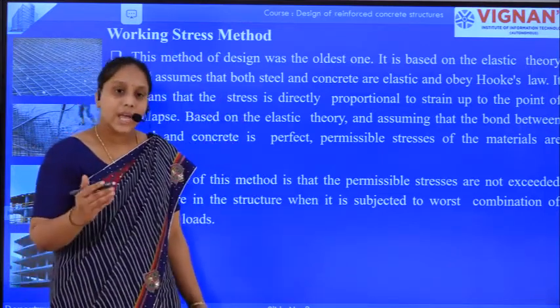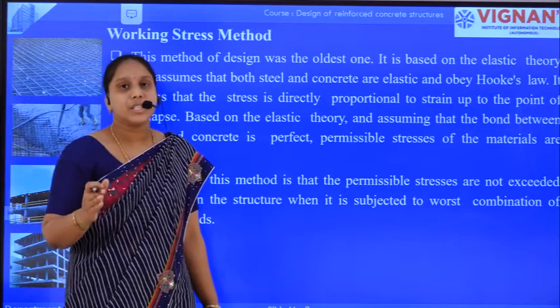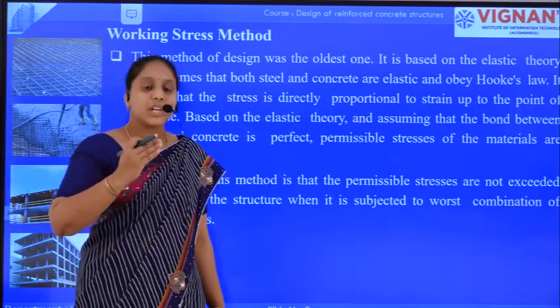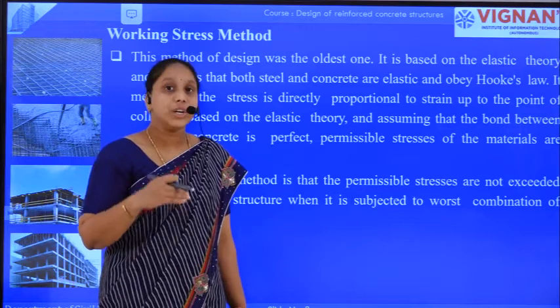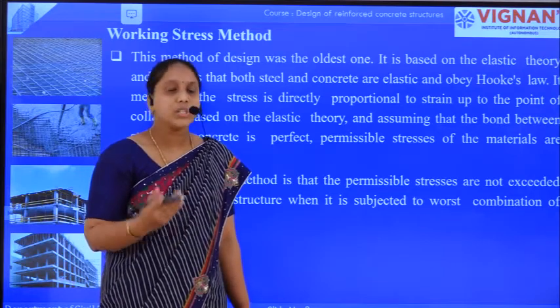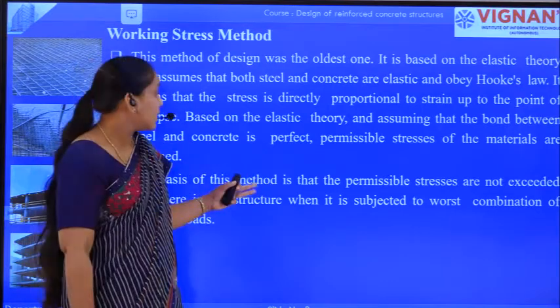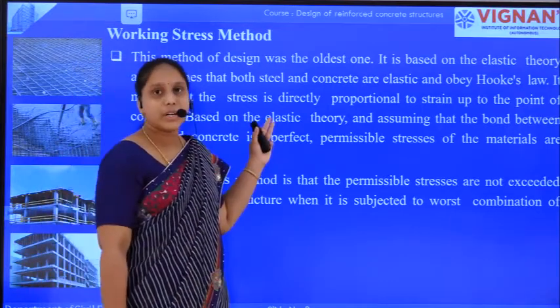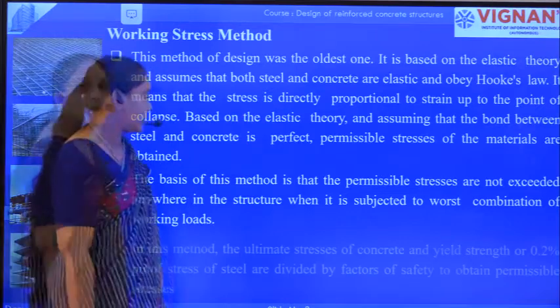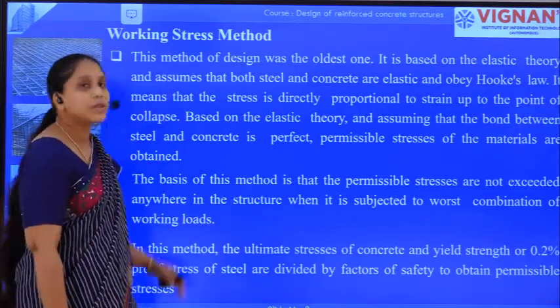That is, they have limited the stresses in such a way that the stresses coming on the structure due to the external loads are not exceeded. On that basis they have taken this working stress method. So how have they calculated the permissible stresses?